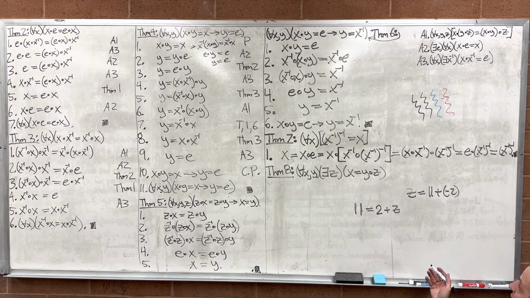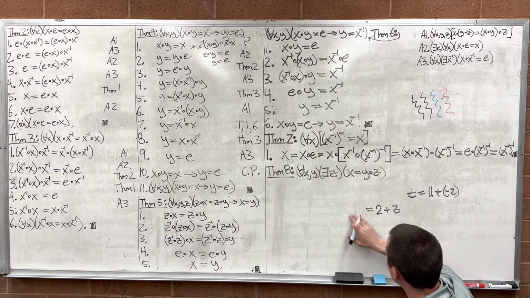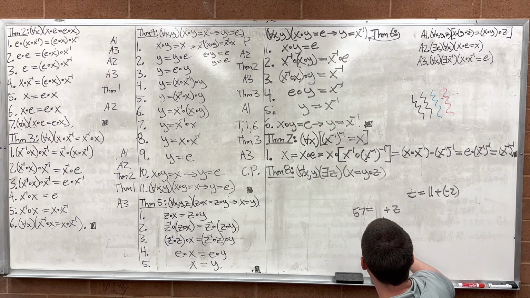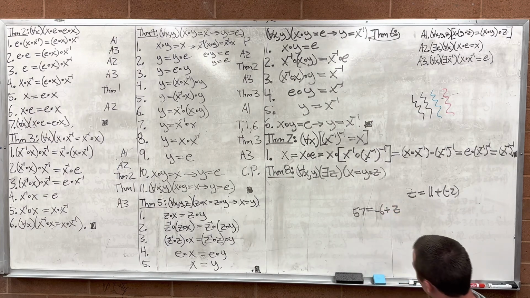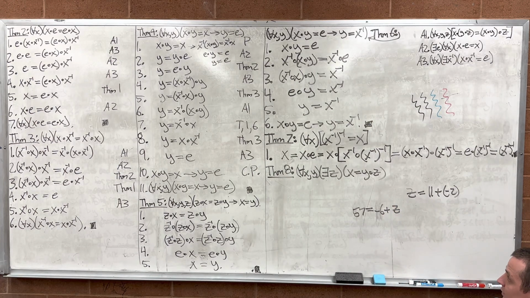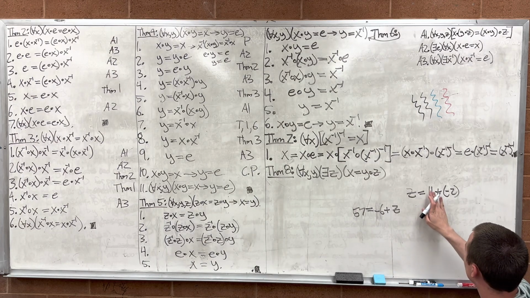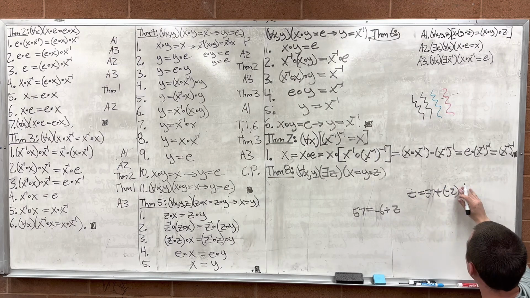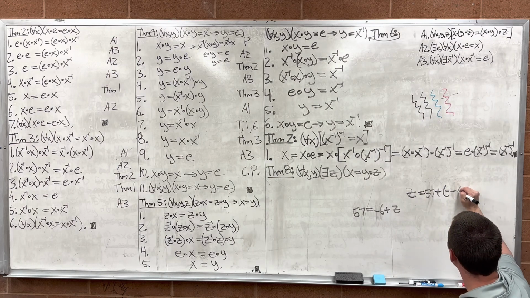Let's see if that generalizes. If we would have instead done something like 57 here and negative 6 here, now what's the z? Is the z still 57 plus negative 6?